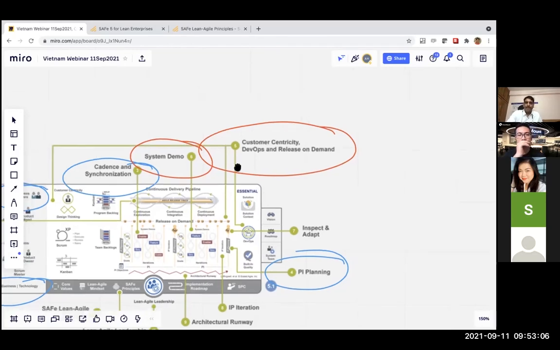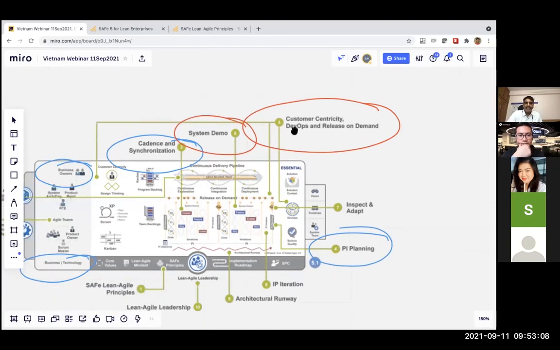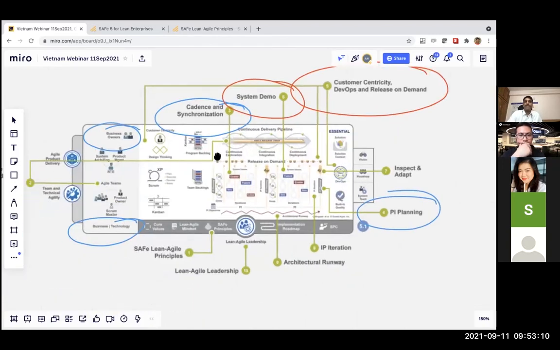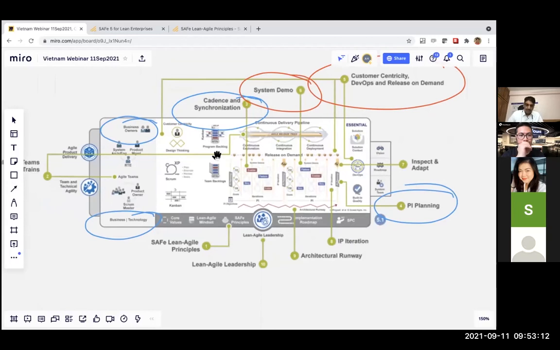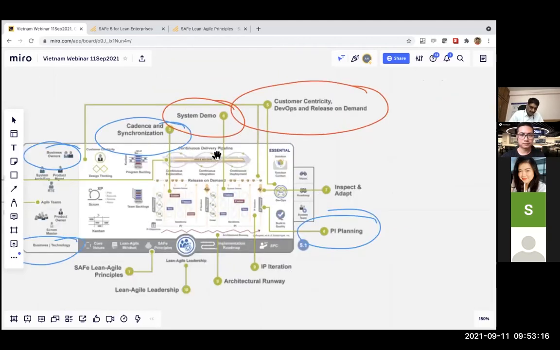And let me go back to the 7th and 8th thoughts. The 7th thought is what we call inspect and adopt. This is nothing but a retrospective for the train. At team level, you would do a retrospective every 2 weeks, but in a train, you would do a retrospective every 10 weeks, once in a PI, or program increment.